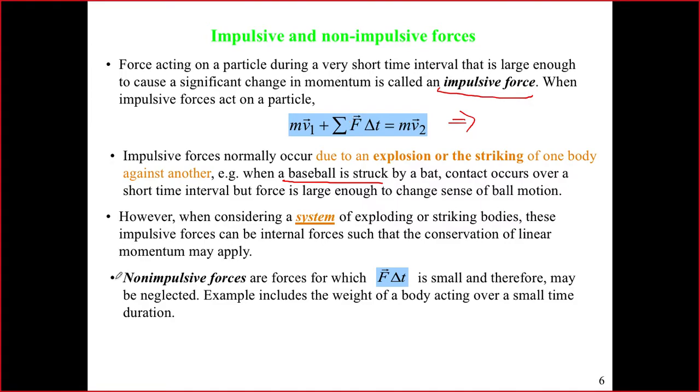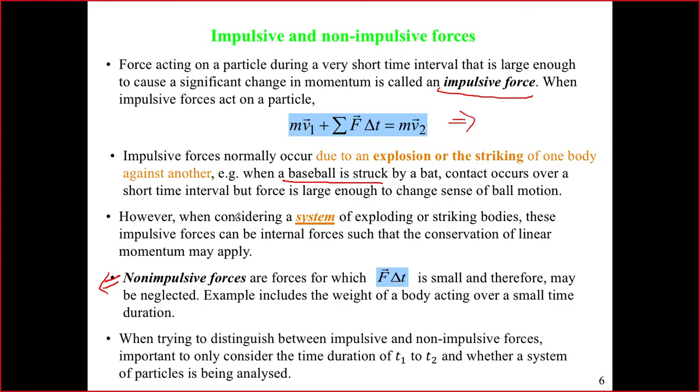So this description of something being non-impulsive or impulsive is relative, basically. It is in comparison to a number of forces. Also note कि it's also important to define कि आपस में comparison हो रहा है forces का, but also कि the time duration has to be pretty important as well. So अगर as an example ये baseball which was being struck by a bat के बारे में देखें, और इस दफ़ा what I start to consider is not just the moment of impact that the ball had, but instead मैं ball की पूरी trajectory को देखना चाह रही हूँ.